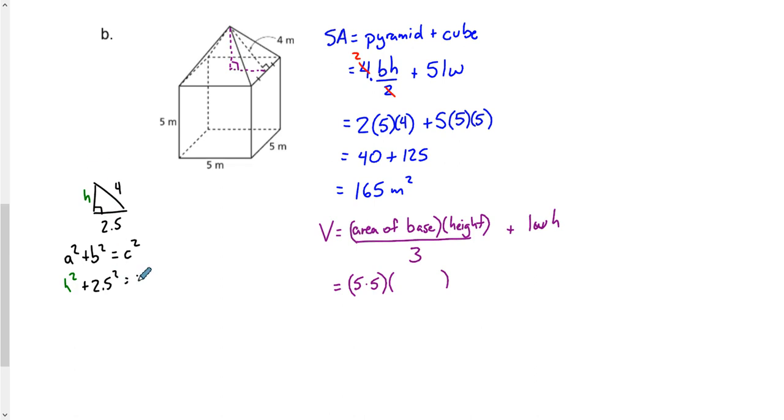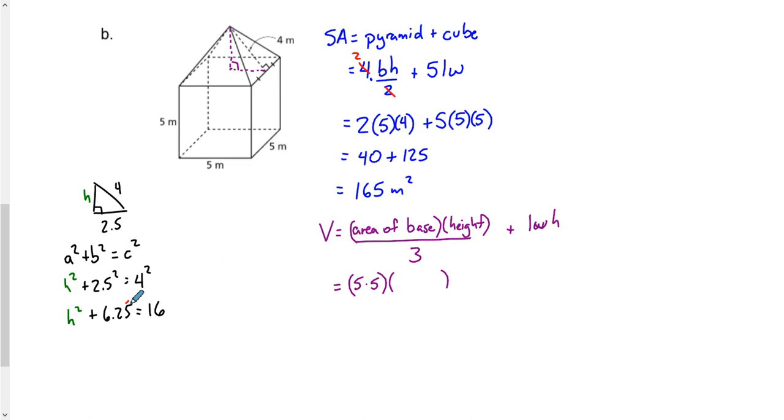The 4 is the hypotenuse. So our height squared, 2.5 squared is 6.25. And 4 squared is 16.